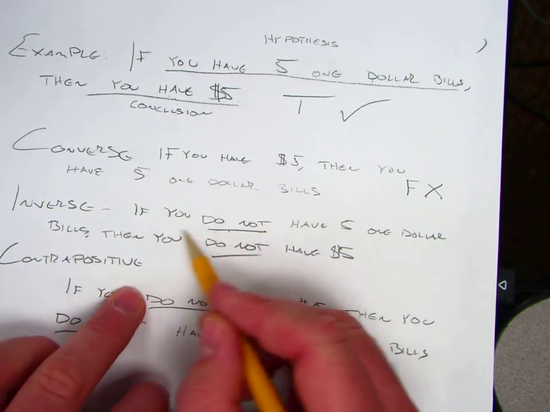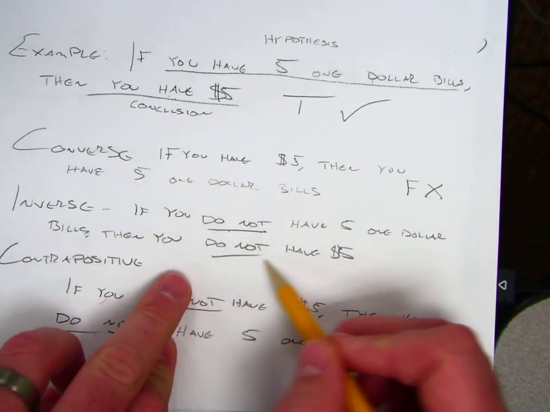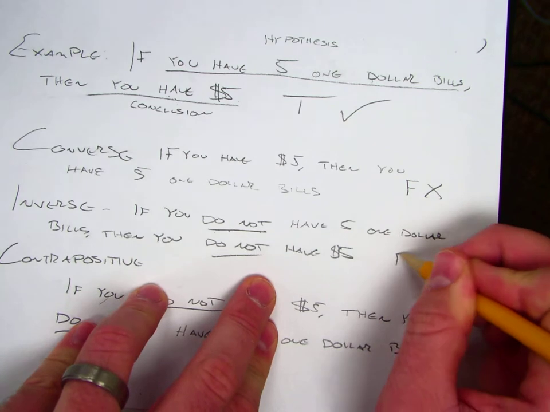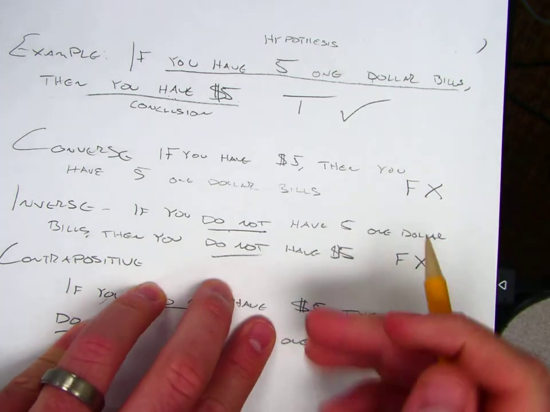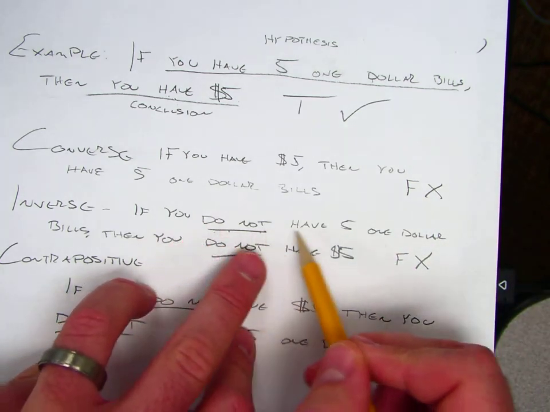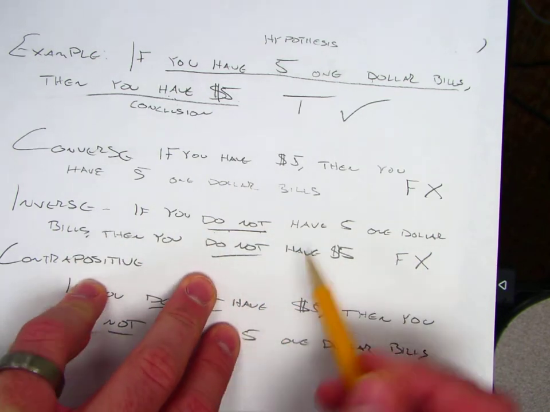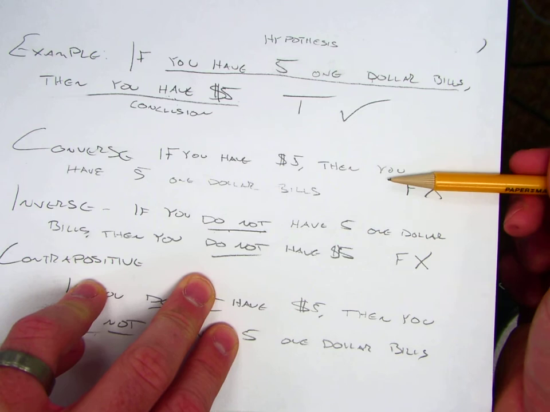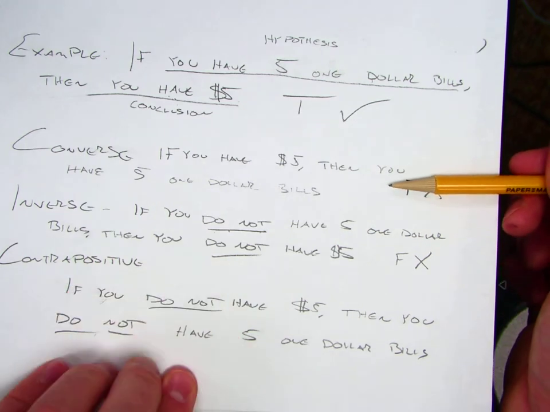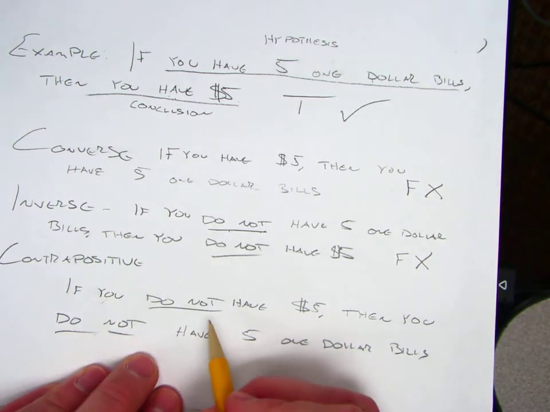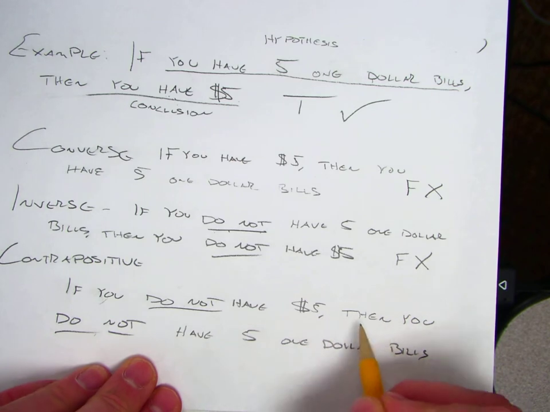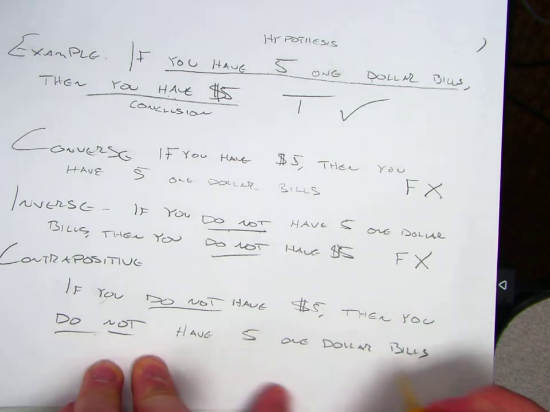Let's look at the inverse. If you do not have 5 $1 bills, then you do not have $5. Once again, this statement is false, because if I do not have 5 $1 bills, I could still have $5, because I just have that one $5 bill, kind of like the converse here. And the contrapositive says that if you do not have $5, then you do not have 5 $1 bills.